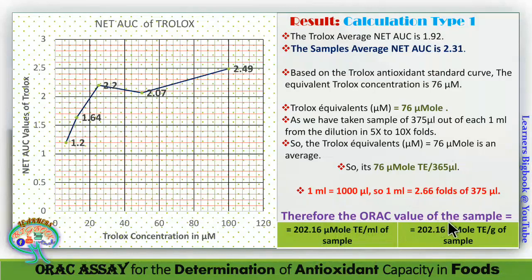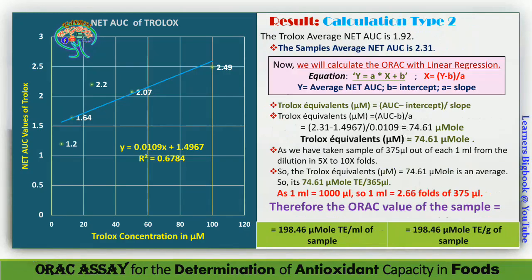In the same way, it also corresponds to 202.16 micromole Trolox equivalent per gram of sample. So this is how calculation type 1 goes. Next is calculation type 2. Here, the same net AUC of Trolox graph.